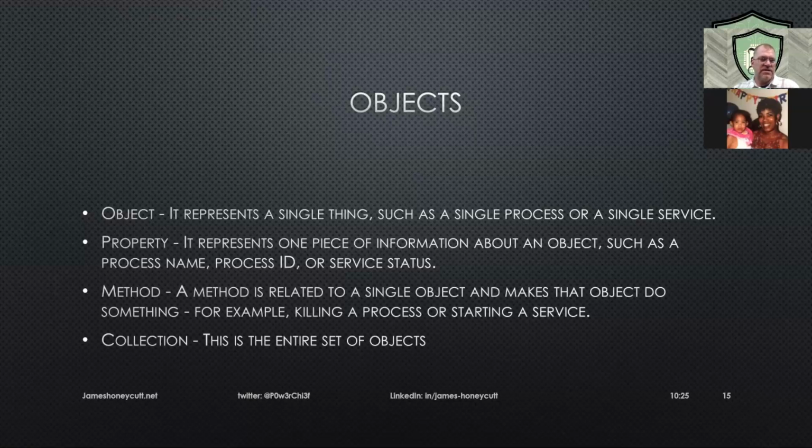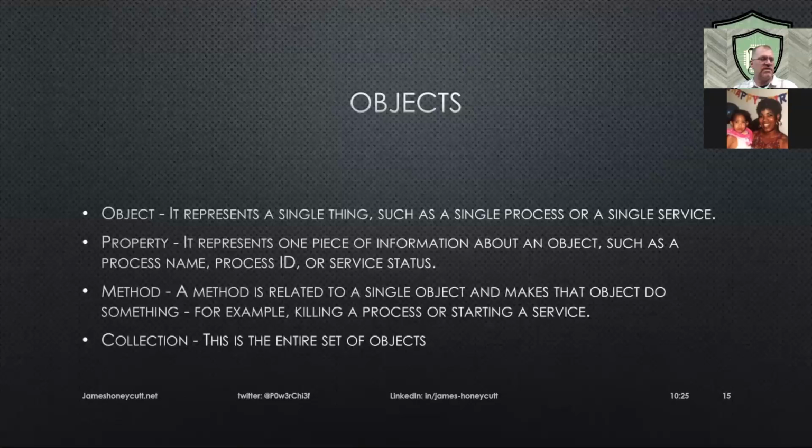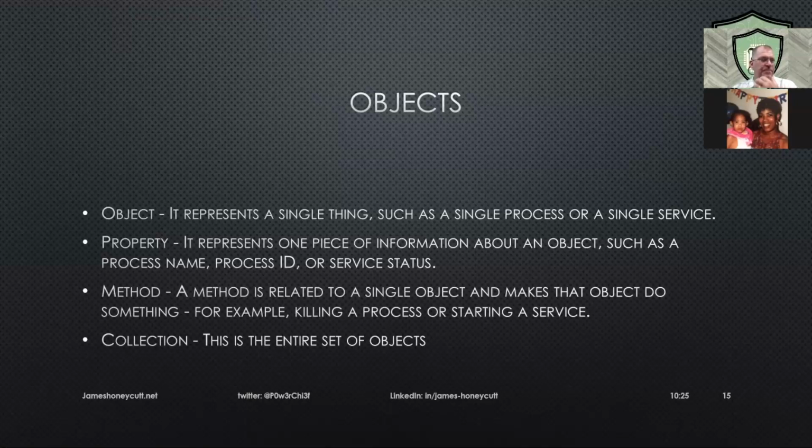So with objects, like I said, it's a single thing that you can do something with. It has properties, meaning it's how it describes the object. You can think of, everyone always refers to the bicycle, right? You can have a red bicycle, a blue bicycle, but they're both bicycles. The bicycle is an object, red and blue are the color.